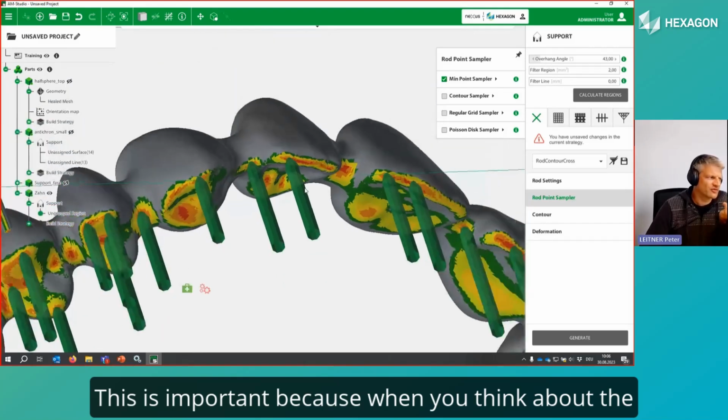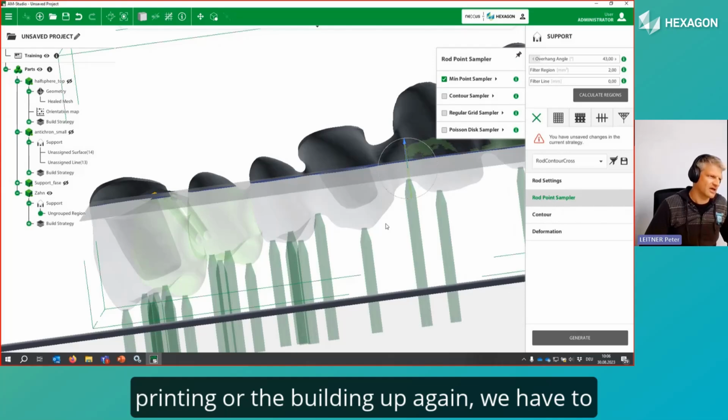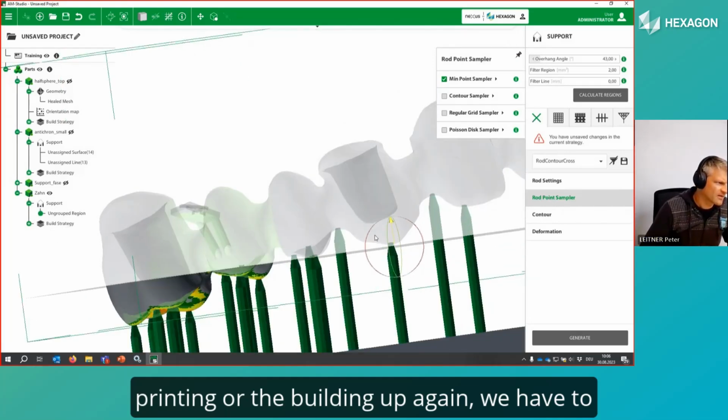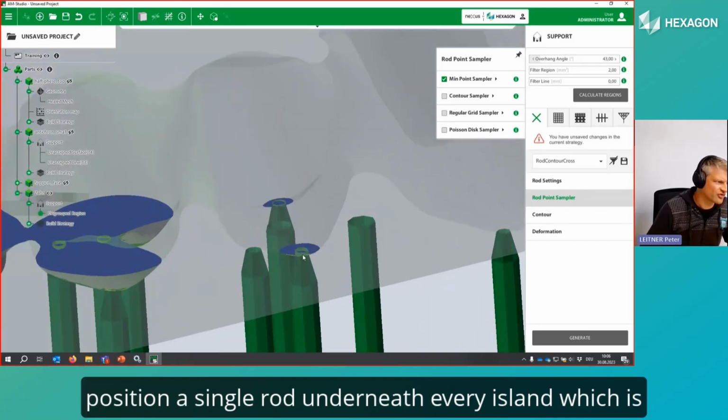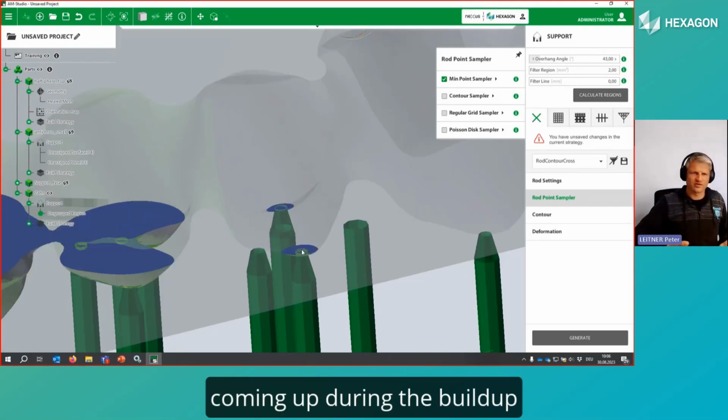This is important because when you think about the printing, or the building up again, we have to position a single rod underneath every island which is coming up during the build-up.